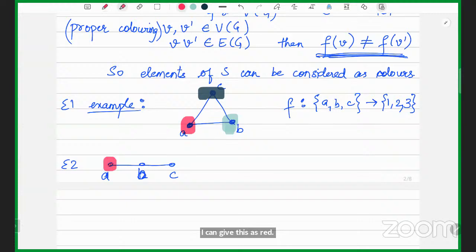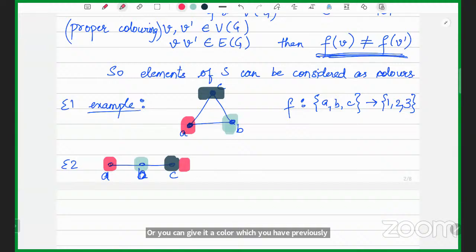Then since B is adjacent to A, it has to get a different shade. And now C adjacent to B, I can give it again red or a different color, right? So you can either give it a different color or you can give it a color which you have previously used and available.